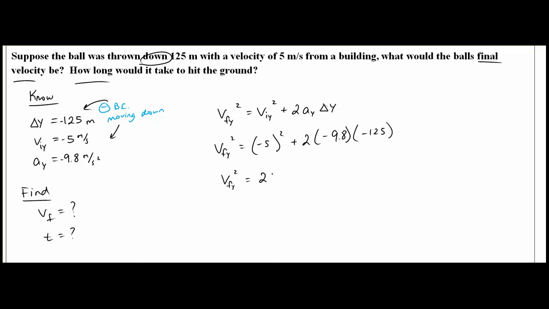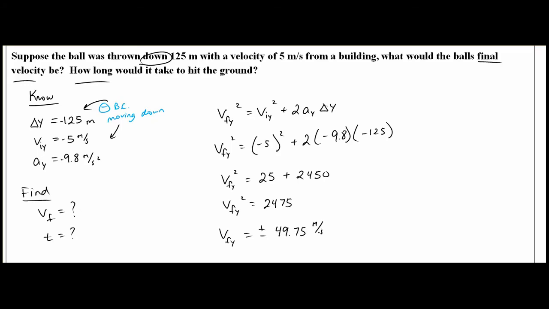So this is going to be 25, and then when I do 2 times 9.8 times 125, that gives me 2450, so v final y squared is going to equal 2475. We're going to root for the home team, and that's going to be v final y is equal to plus or minus, what is it, 49.75.